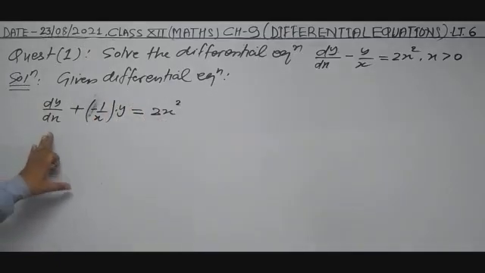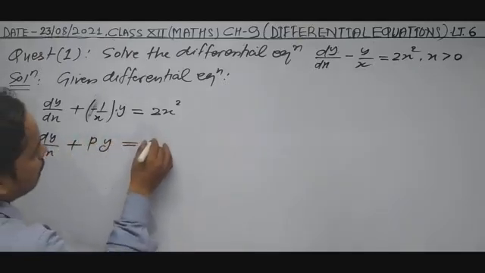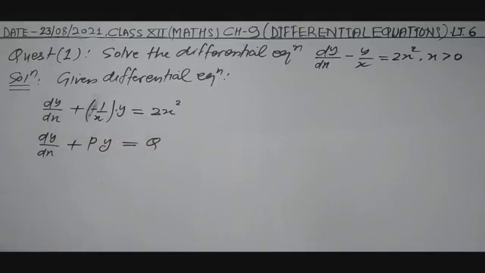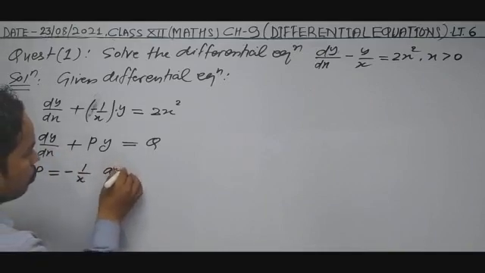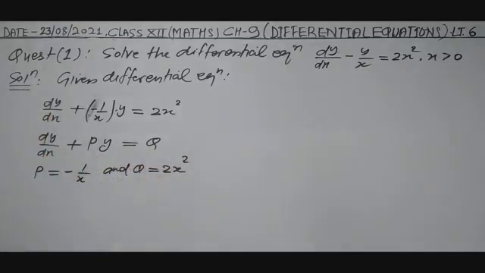So this is of the form dy by dx plus py is equal to q. Now when you compare, you will get p is equal to 1 by x with a negative sign and q is equal to 2x square. Now you have got the values p and q. P is equal to minus 1 by x and q is equal to 2x square.